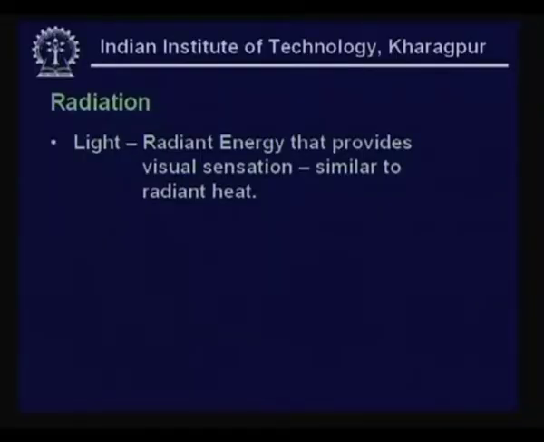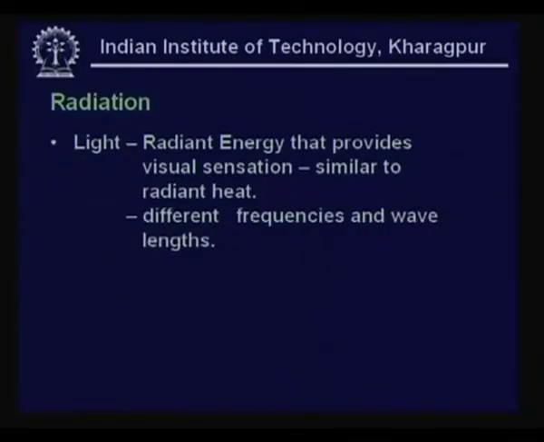The visual sensation provided by light is in the form of a radiation, akin to radiant heat, but the frequencies and wavelengths are different. In that sense, light is also a form of electromagnetic energy.